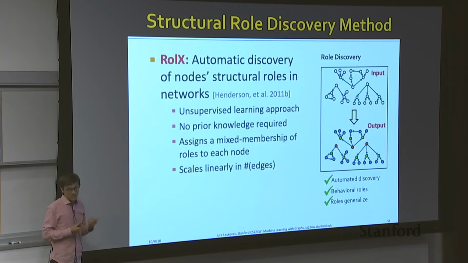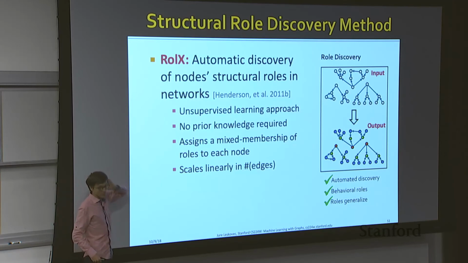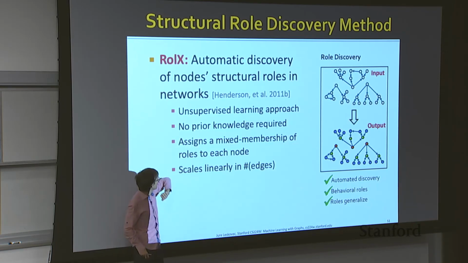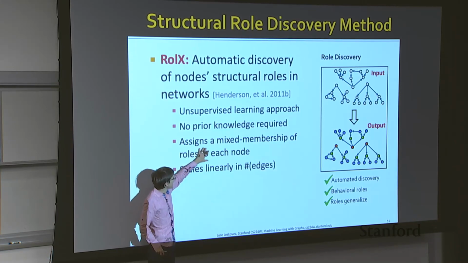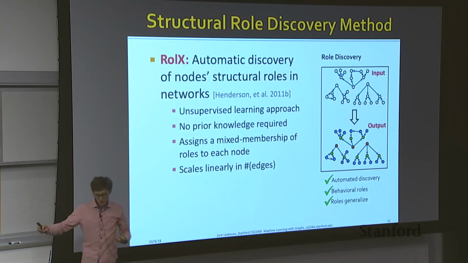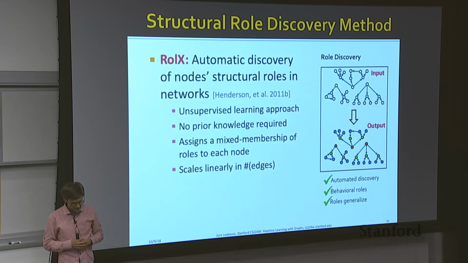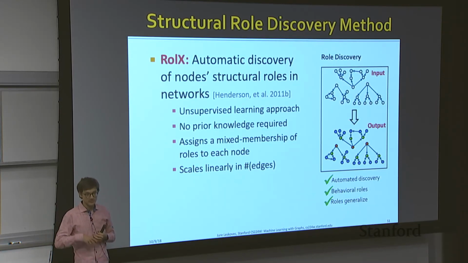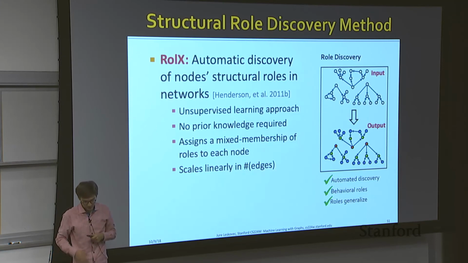But the method I'll talk about is called RoleX, which is automatic discovery of node structural roles in networks. And this will be an unsupervised approach where no prior knowledge will be needed. And it will assign a node to a mixture of roles. It will discover both the roles as well as the membership of the nodes to those roles, right?